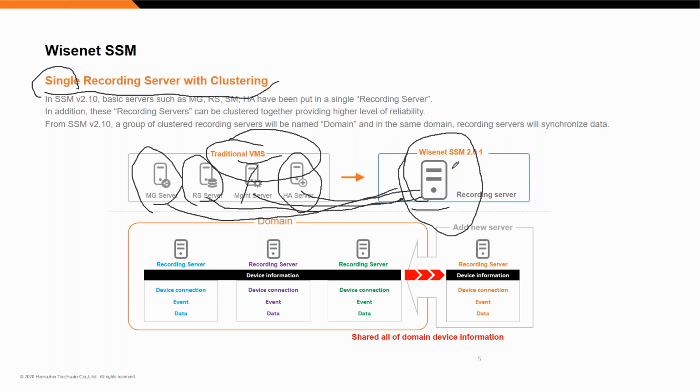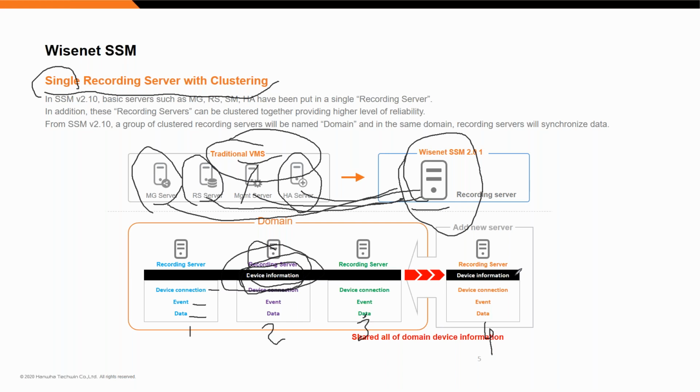Next point, our VMS server, how it does failover and management: if you have one, two, three, four servers in a project, all four will have the same database. Device information is also referred to as database. What is database? Events, cameras, IP addresses, passwords, maybe recording settings, all this kind of information will be shared across all the servers.